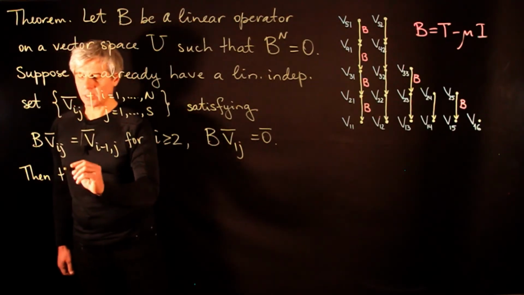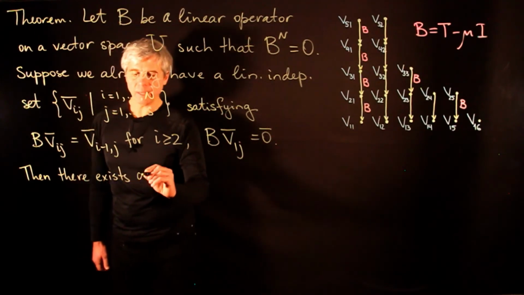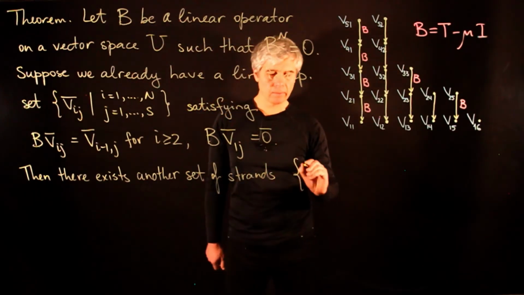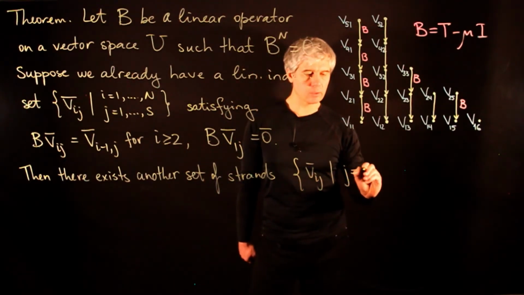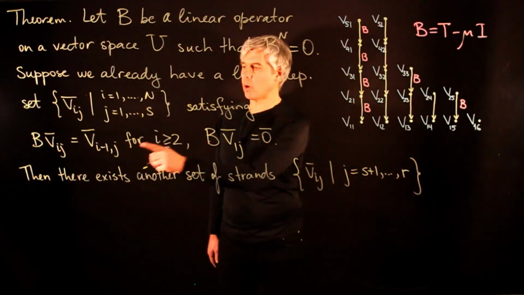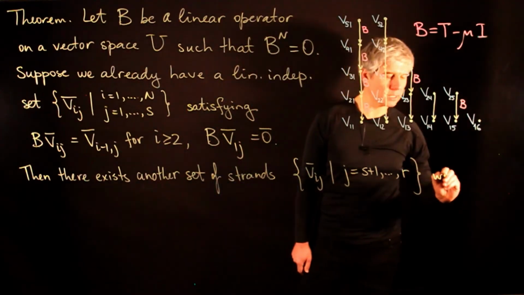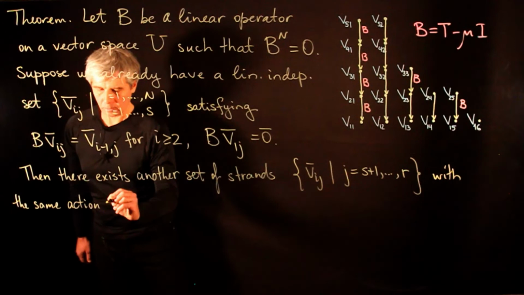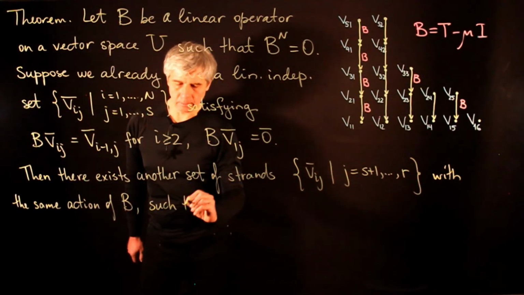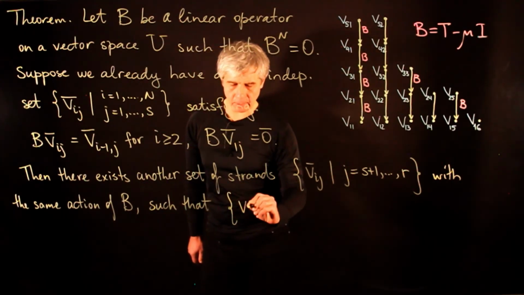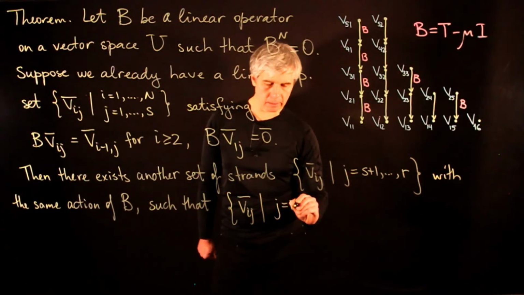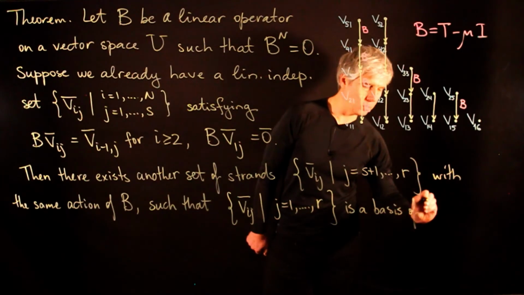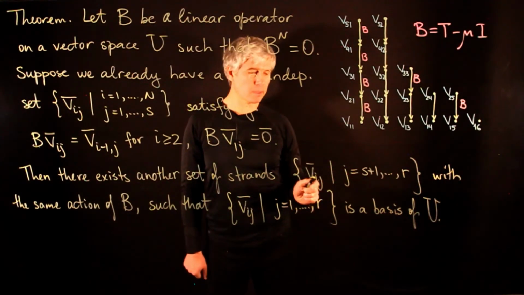Then there exists another set of strands Vij, where now j runs from s plus 1 to r, with the same properties with respect to the action of operator b, such that the union, so the set Vij, where j now runs from 1 to r, is a basis of U. Now, in the additional set of strands, the lengths could be arbitrary.